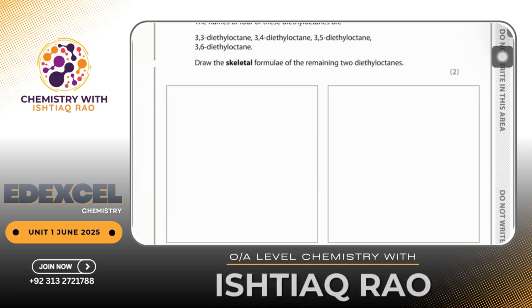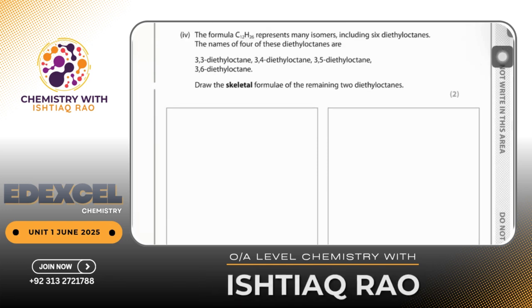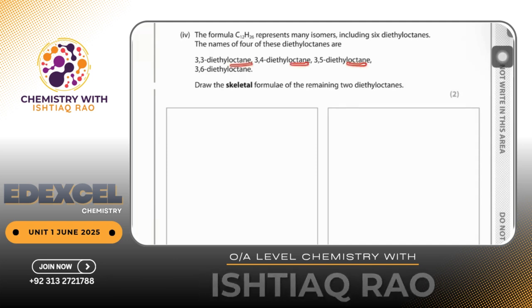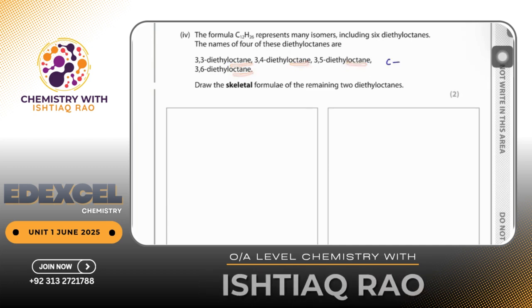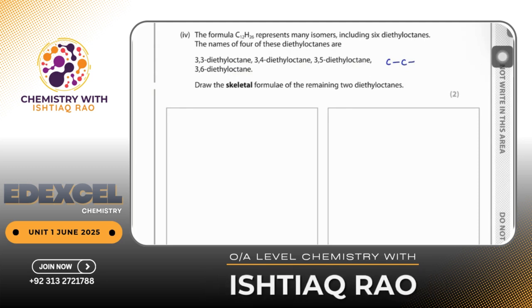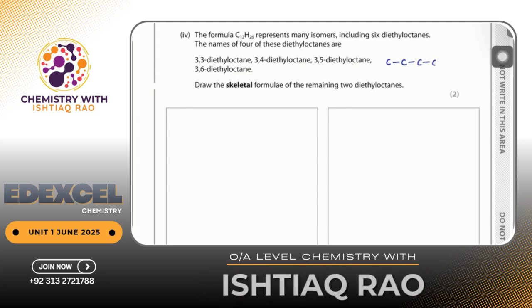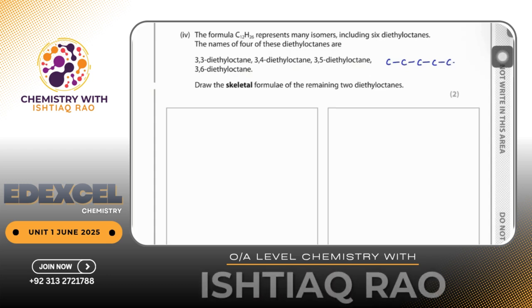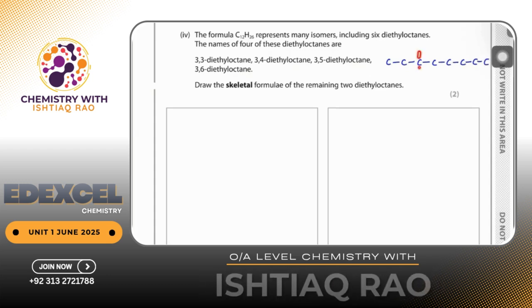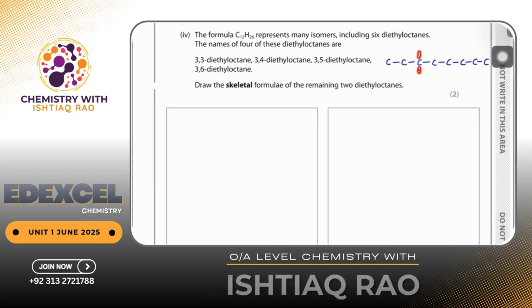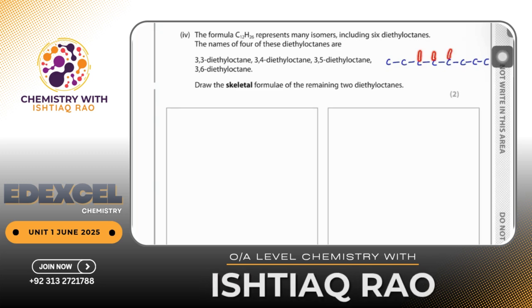They have the total chain, oct, which is a chain of 8 carbon atoms. Let me do this in an easier manner: 1, 2, 3, 4, 5, 6, 7, 8. What they have told you is 3,3, then 3,4, then 3,5, then 3,6.